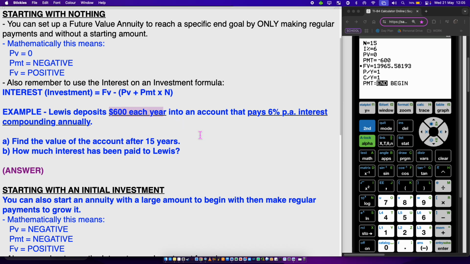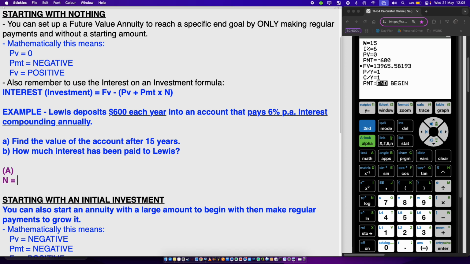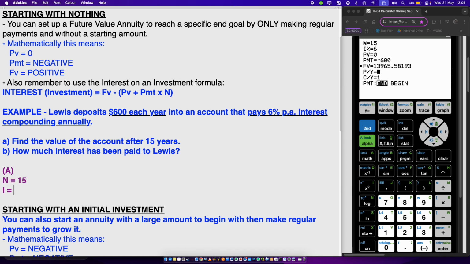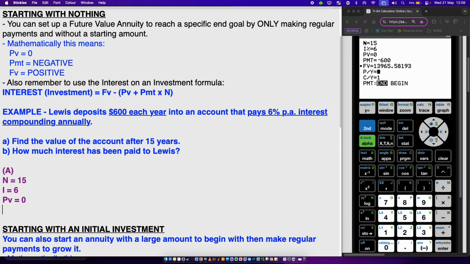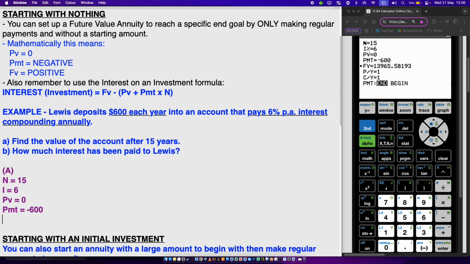Why does it grow a little bit? Because of interest. So show the working out. This is how to show the working out. Demoing it. N is equal to 15. I is 6. PV, started off with nothing. PMT negative 600.